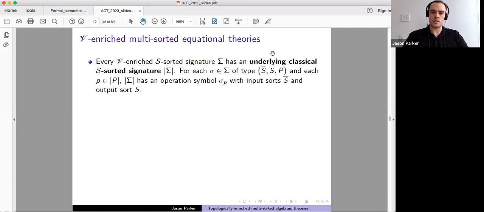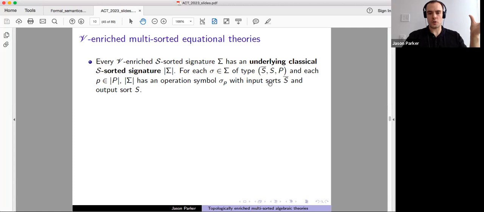How this works is that for each operation symbol little sigma in big sigma of type S bar SP, and each element little p in the underlying set of the parameter object P, this underlying signature vertical bar sigma has an operation symbol sigma sub p with the same input sorts and output sort.